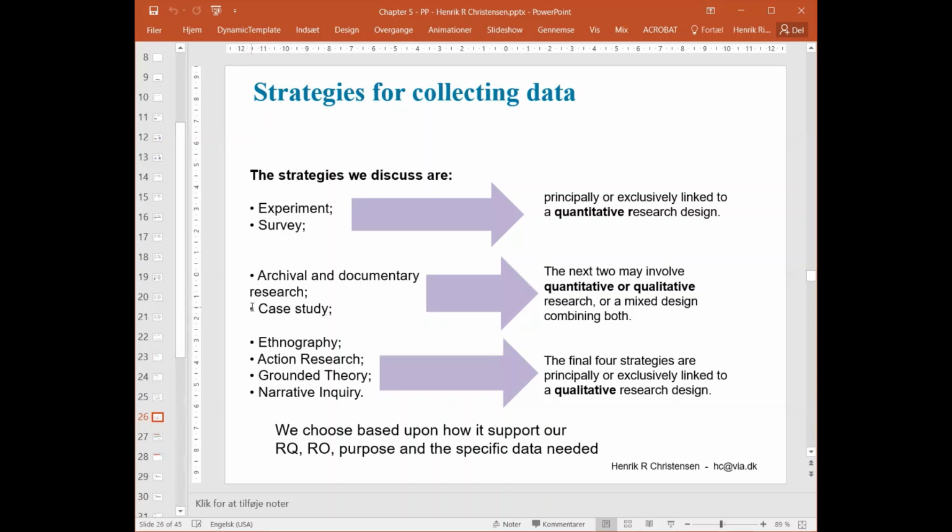And then afterwards, we might actually throw in some action research. And action research is where we are actually creating changes as we go along in the investigation of the specific issues of the research question.